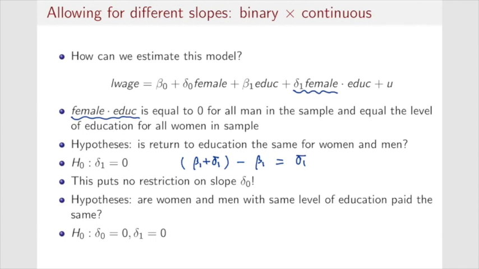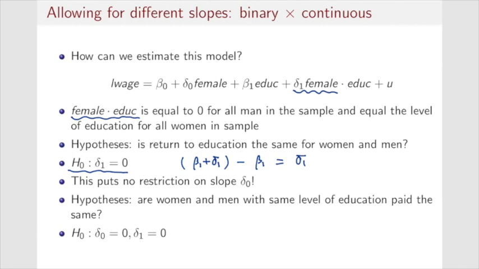So the null hypothesis is delta 1 equals 0. This is a single hypothesis. We only care about the difference between the two slopes. We do not care about the intercept delta 0.